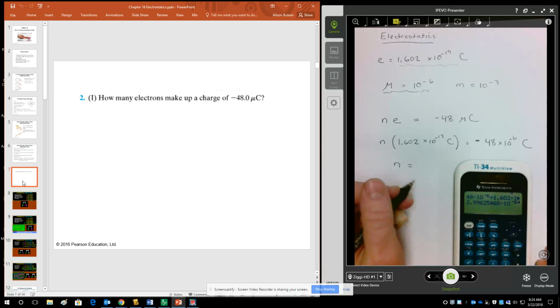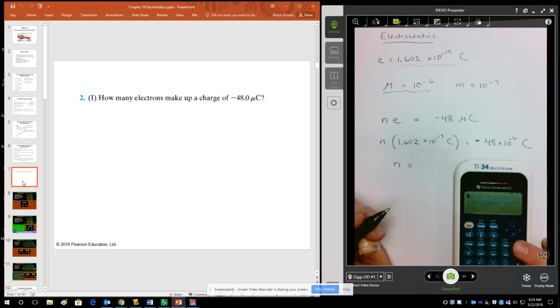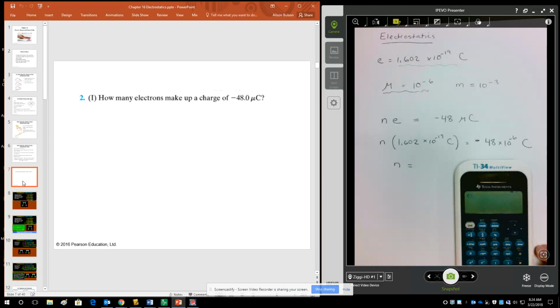And I've got, oh dear, that doesn't seem correct. Something went wrong in my calculation here. I wonder if I needed parentheses. That shouldn't be the case, but let's check it out. 48 times 10 to the negative 6. So the reason I knew that, oops, that didn't work, did it? Times 10 to the negative 6. So I'm expecting, oh, I think I see the problem.